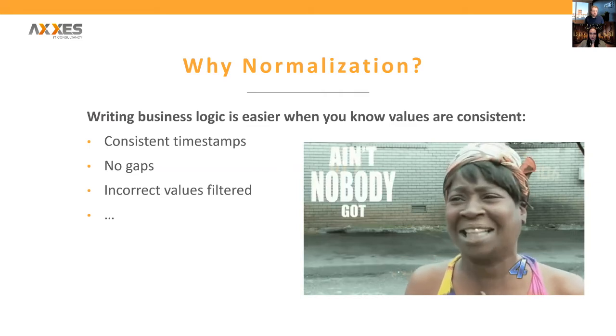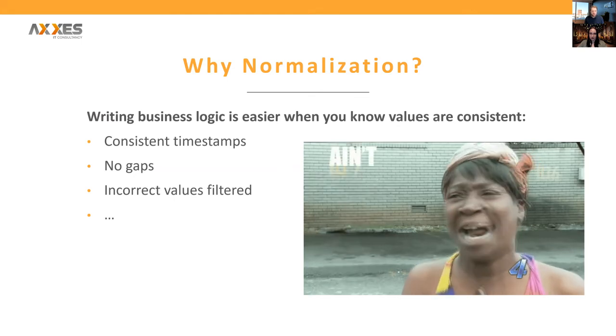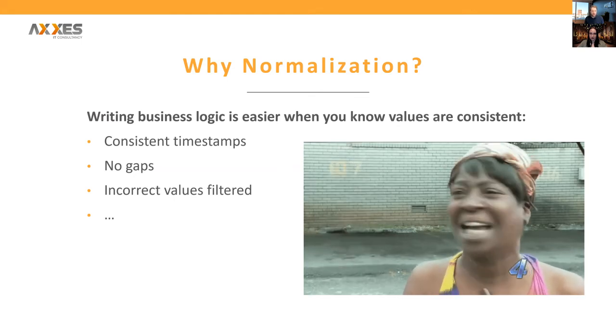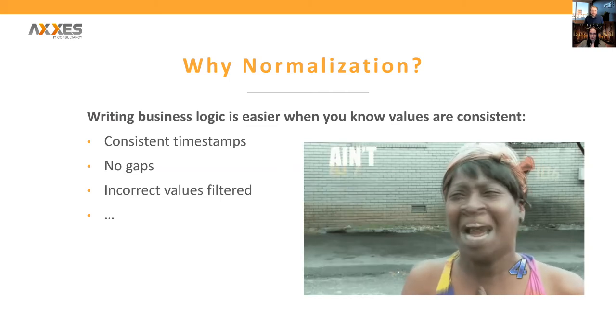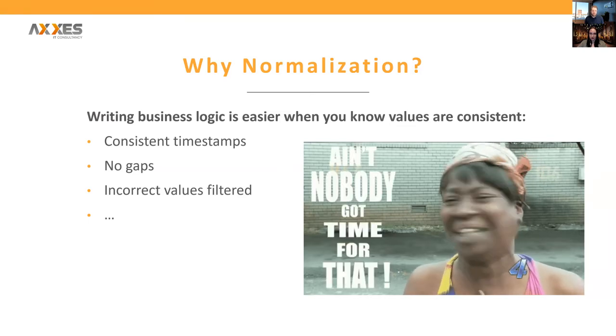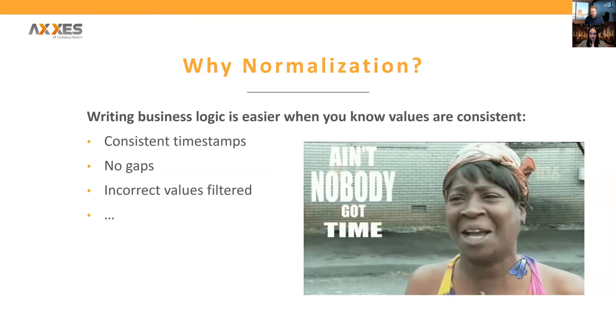So you might get bogus data sometimes, or because this happens in the real world, the user's internet connection might go down for a while, and you might miss a whole bunch of those values. And all of that is something you're going to want to deal with in one place, so that for the rest of your business logic, you know that you have consistent data to reason about.